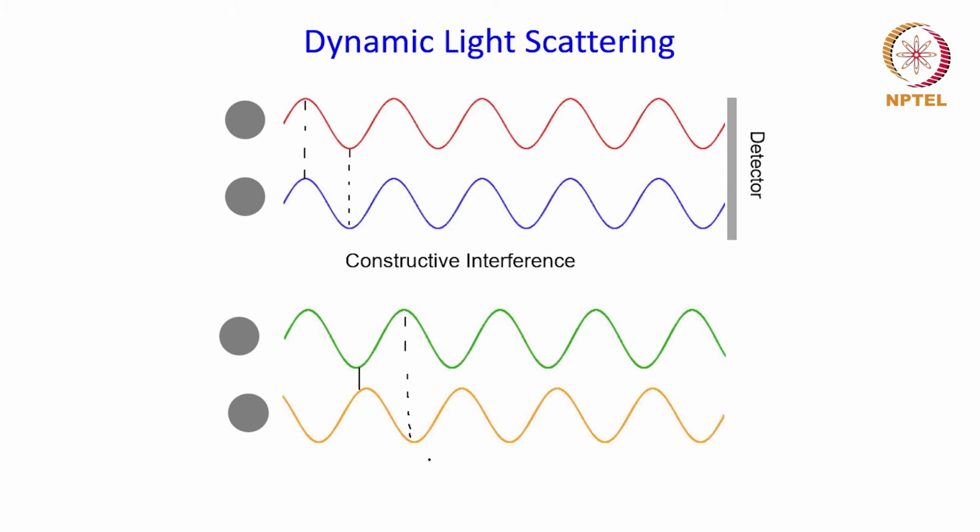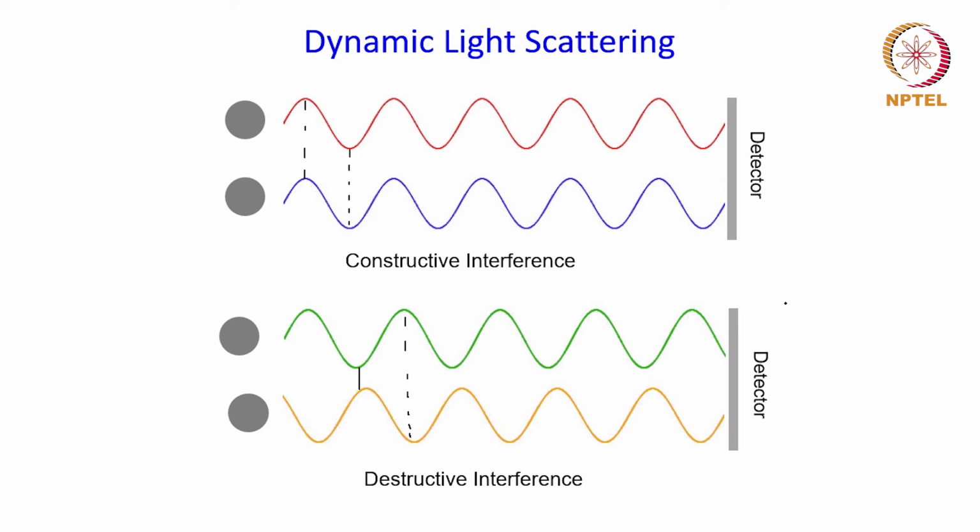Okay, so in this case these two waves will cancel out each other, since, as I said, the negative is coinciding with the positive, and therefore the intensity which is received at the detector will be 0. And this kind of interference is therefore known as destructive interference, right?